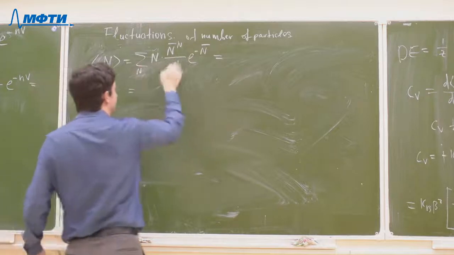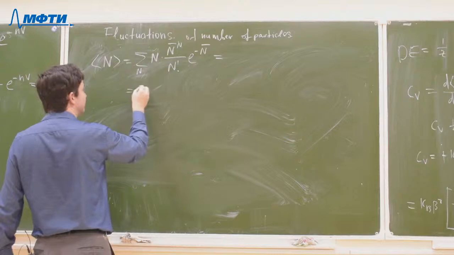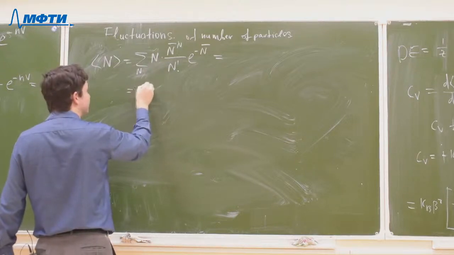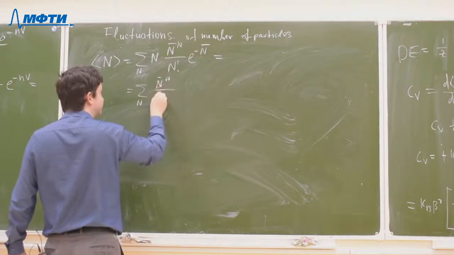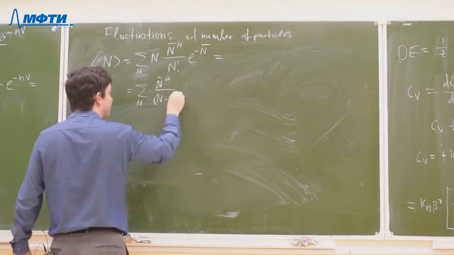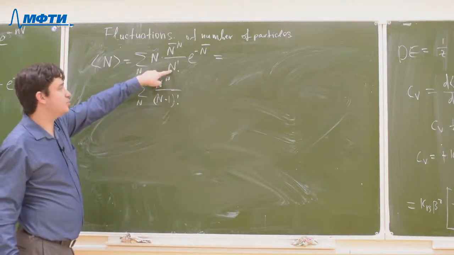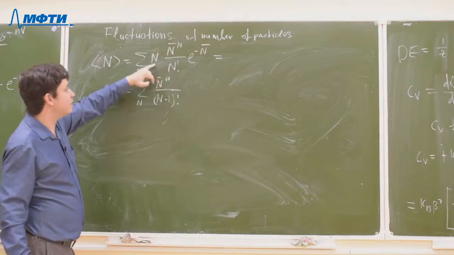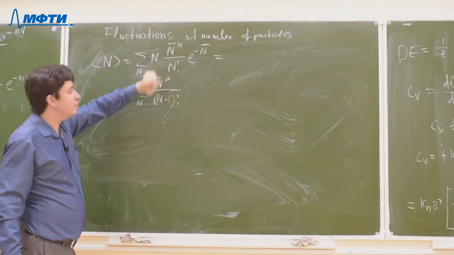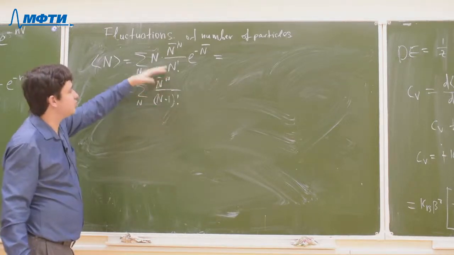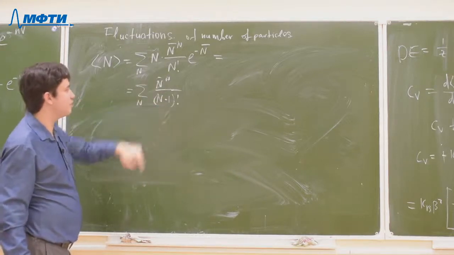We have a sum over n, and here we have n minus 1 factorial, because the factorial contains the product of all integer numbers starting from 1 to n. And we have n here, and that means that in this product, n is being eliminated. After that, we have a product of numbers from 1 till n minus 1. That's why we have n minus 1 factorial.